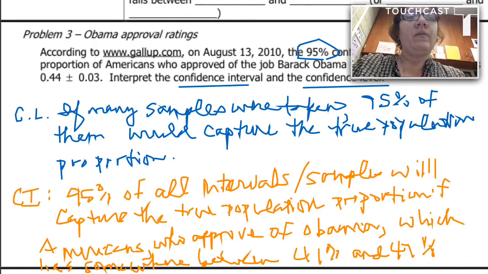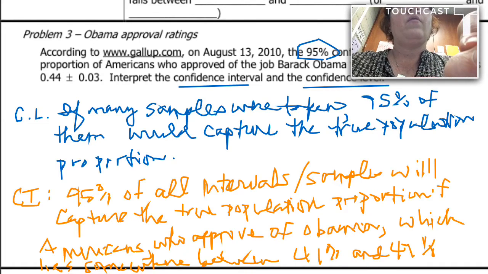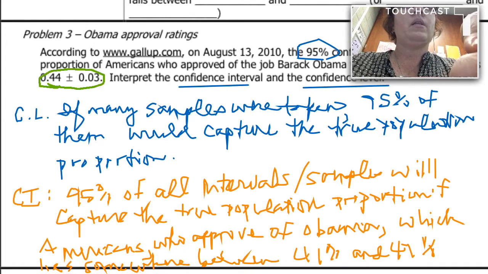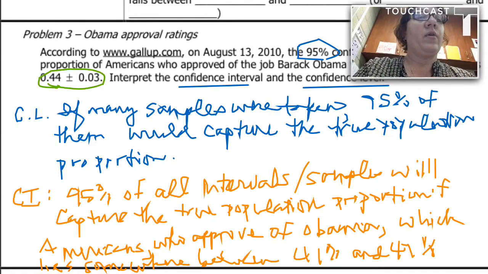And the way I got that was I did 44 plus 3 to get the 47, and I did 41 minus 3 to get the 41.